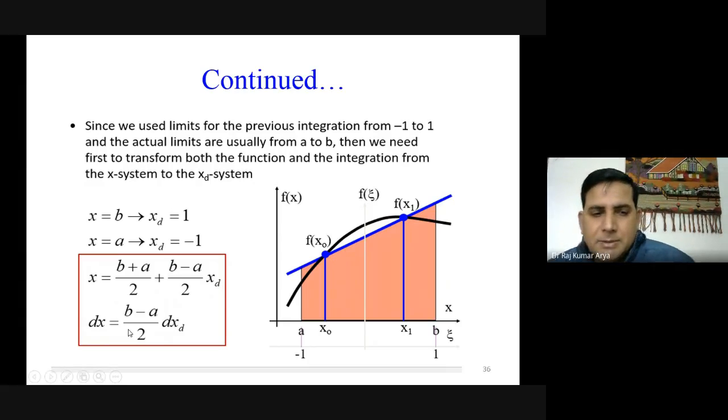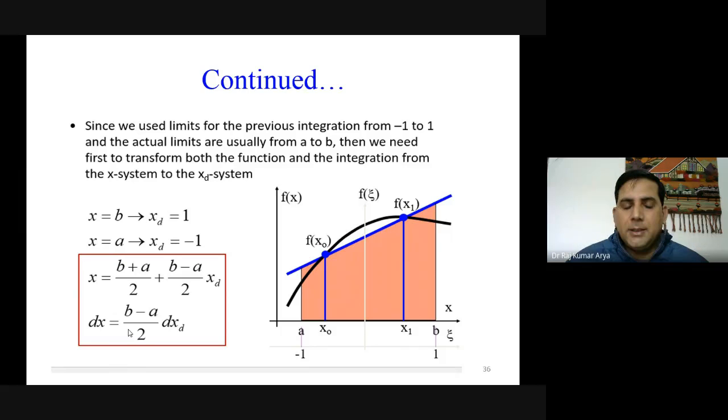So your integration from a to b of f(x) dx is now changed to -1 to 1. This is the new function, f(zeta), multiplied by your dx term. Now dx is this (b minus a) by 2 into d zeta, right? So you got everything into -1 to 1 now, correct?